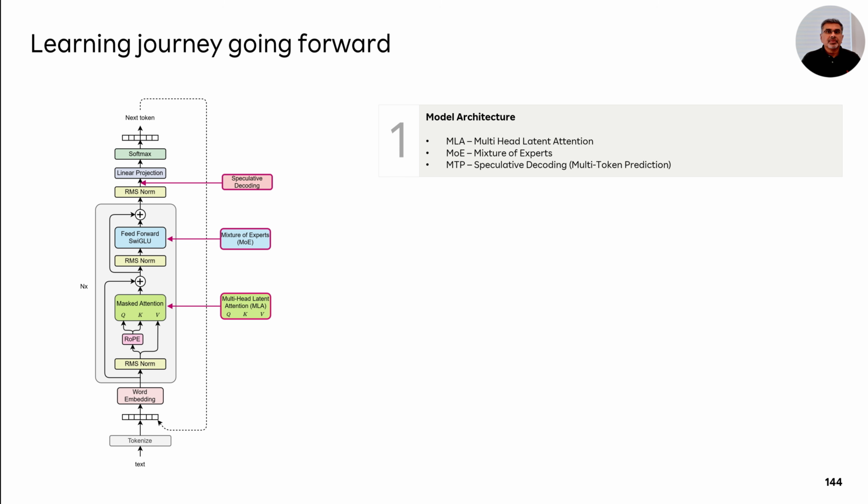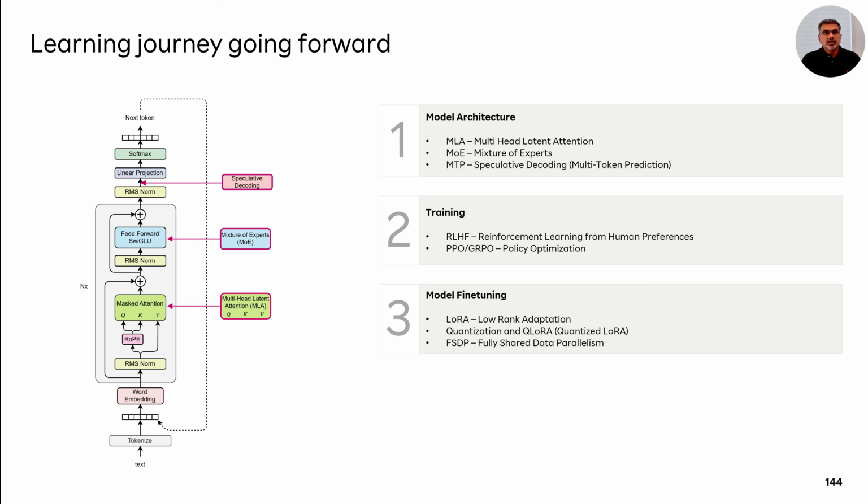How do you actually do fine-tuning and go further, for things like reinforcement learning from human preferences? I'll teach you different policy optimization techniques, PPO, GRPO, and so on. Then we'll go into parameter efficient fine-tuning strategies like LoRA and quantization. How do you parallelize fine-tuning or training across multiple GPUs and a cluster of servers? We'll study that.